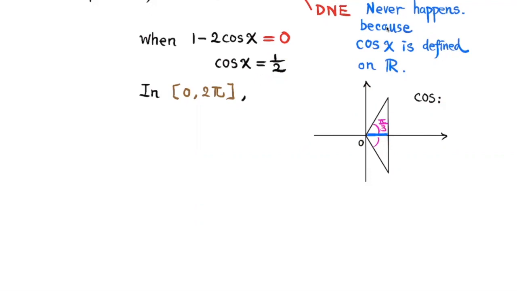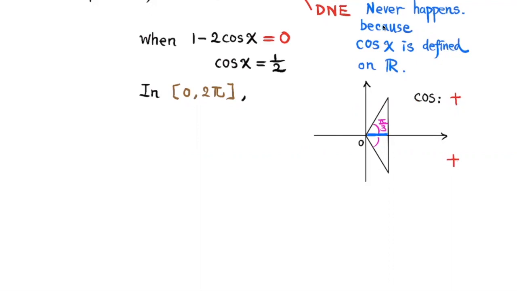Cosine is positive when the angle is in the first quadrant and the fourth quadrant, because cosine is adjacent over hypotenuse, and the adjacent side is positive in these 2 quadrants.